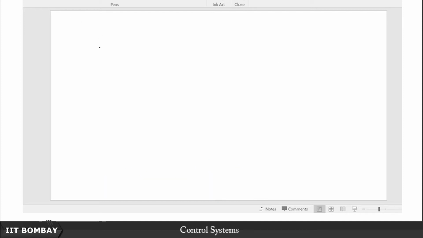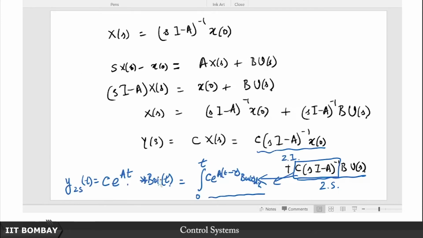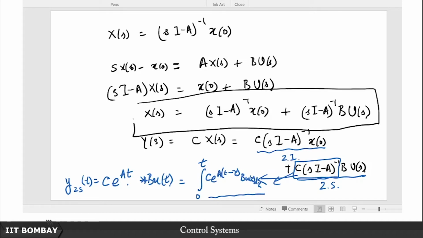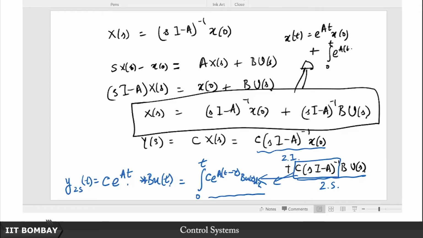At the heart of all of this we find is the ability to get to this e to the at, because once we know e to the at, let us look at this equation for starters. If you take the Laplace inverse of this, then you will see that x(t) is nothing but e to the at x naught, plus this integration 0 to t e to the a (t minus tau) b u(tau) d tau, right.